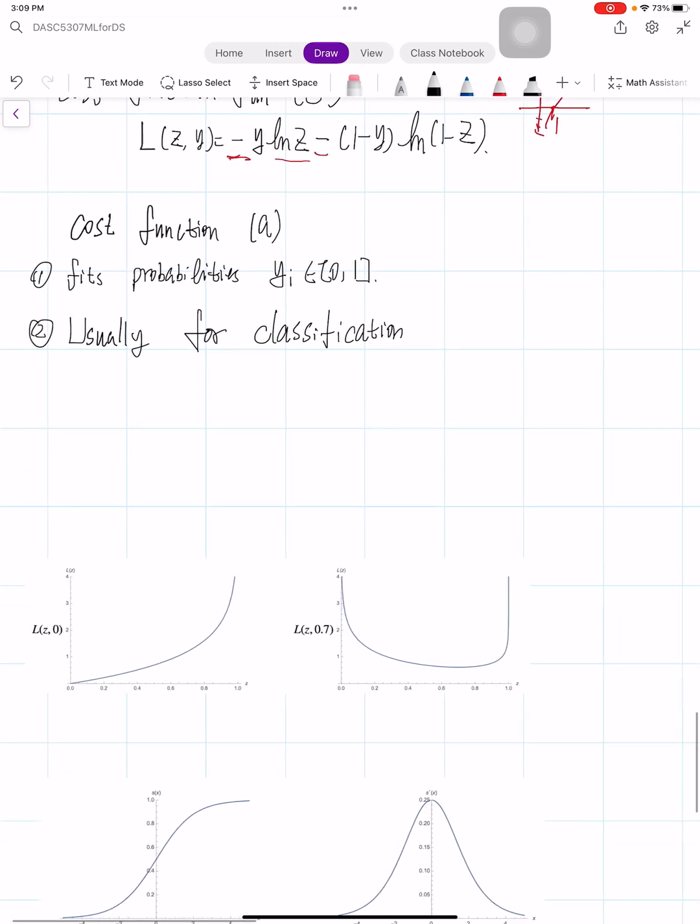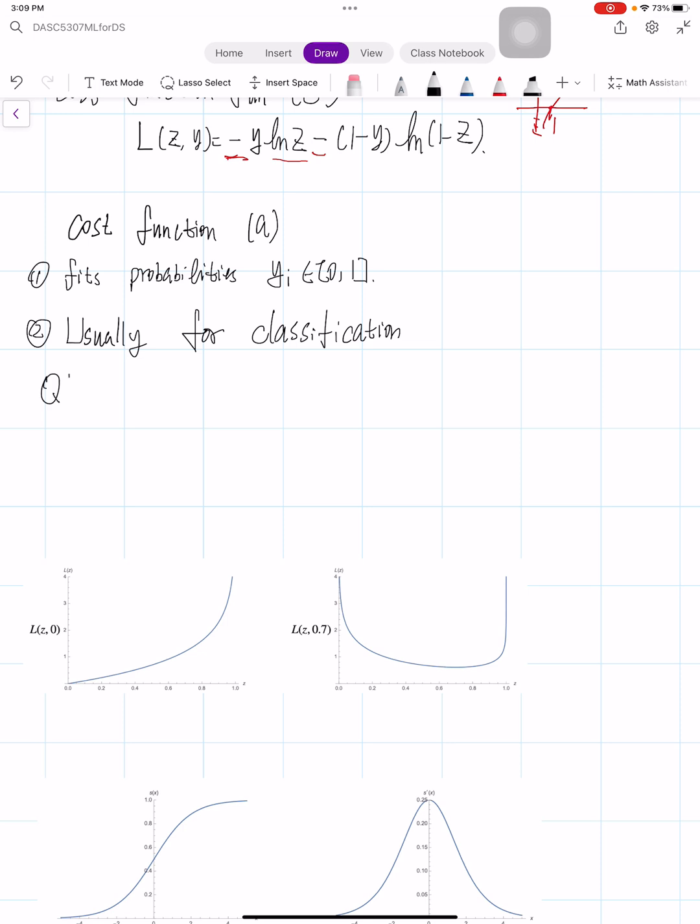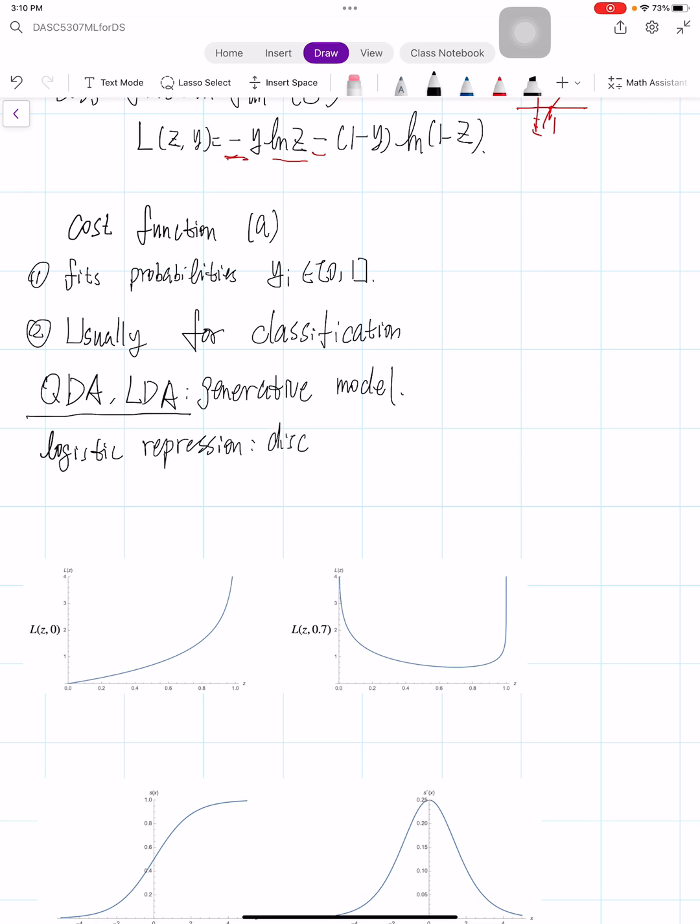This is a little bit different from QDA and LDA for the same purpose, a different approach. QDA and LDA are generative models. In other words, they give you the whole spectrum of posterior decision boundaries. You can pick decision boundaries with posterior classification probability equal to 0.5, 0.2, 0.1. But logistic regression is a discriminative model, which means you do not need to specify the prior probabilities and the posterior probabilities.